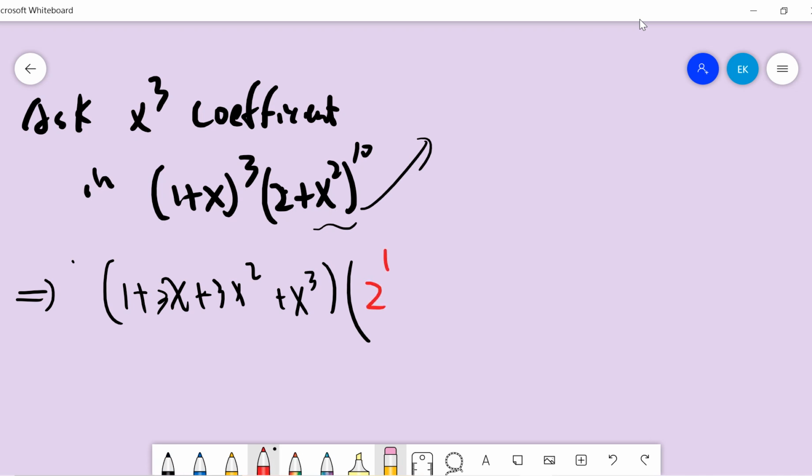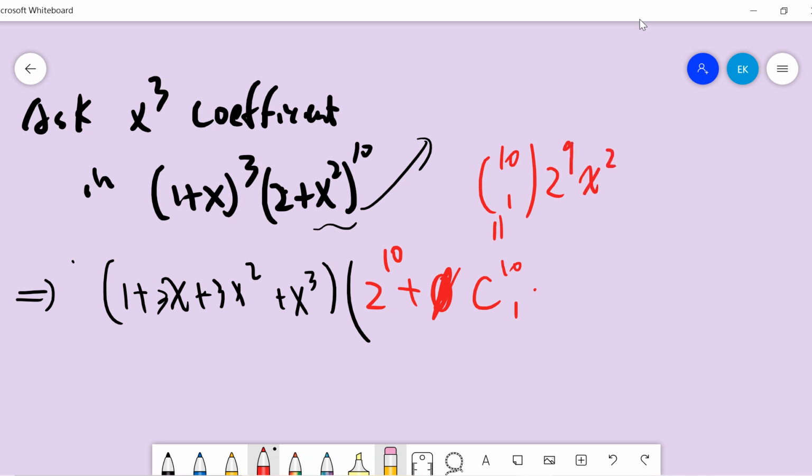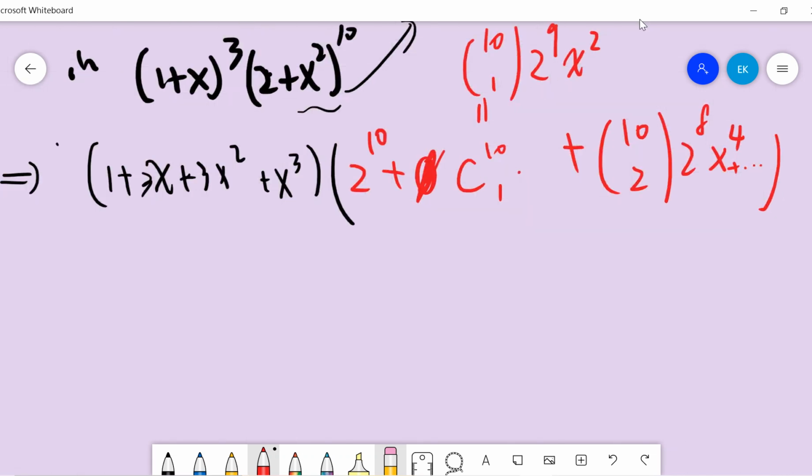So basically the first term is 2 to the 10th, and the second term is 10 choose 1, 2 to the 9 x, and then plus 10 choose 2, 2 to the 8 x squared, and so on. And then we take the x^3 power.